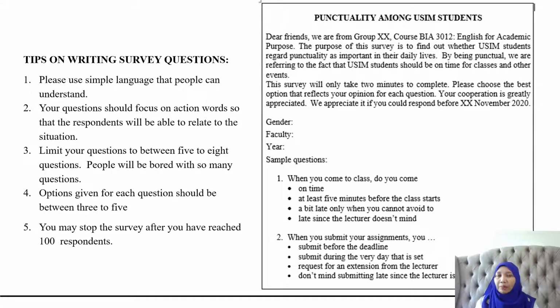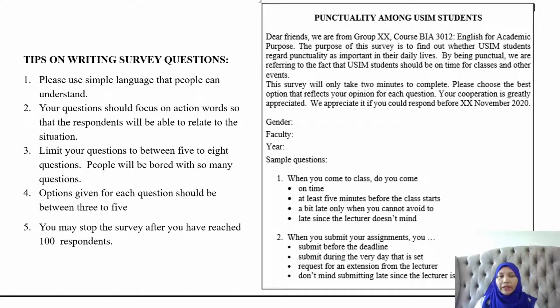Now if you look at number one, when you come to class, do you come on time? If the students choose the first option, on time, meaning that they are a punctual person, right? If that person chooses the second option, at least 5 minutes before the class starts, it still reflects that the person is punctual, but maybe not as punctual as the first person.